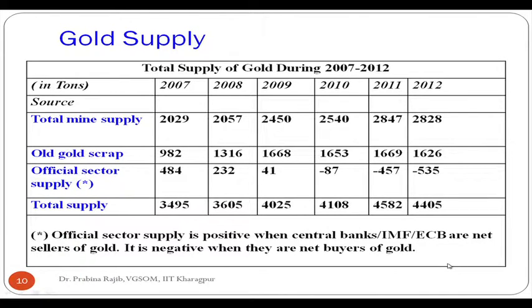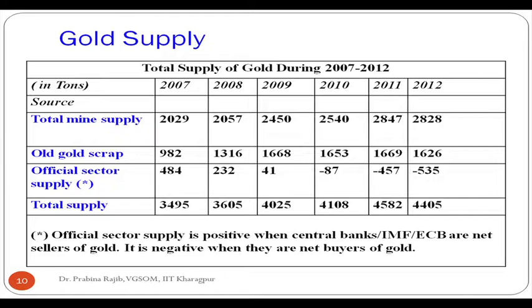So this is some statistics. If you see 2001 to 2012, total supply started at 3,495 tons in 2007 and is hovering around 4,405 tons in 2012.